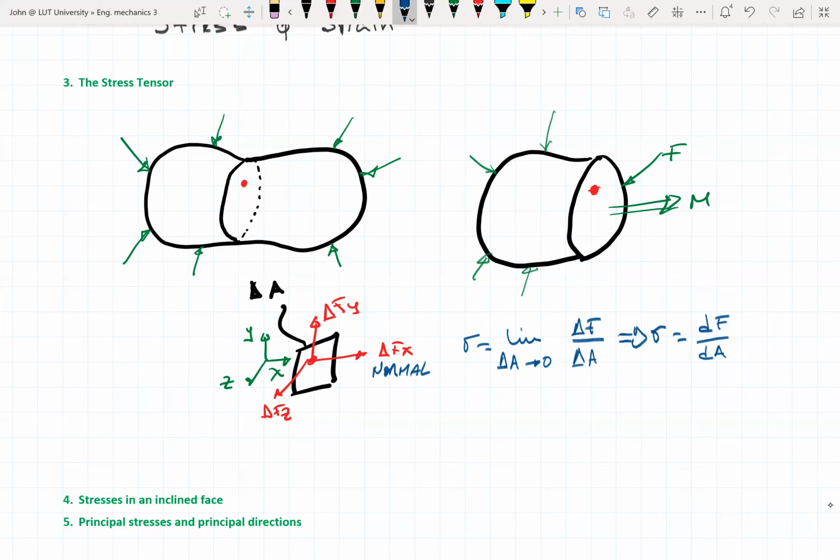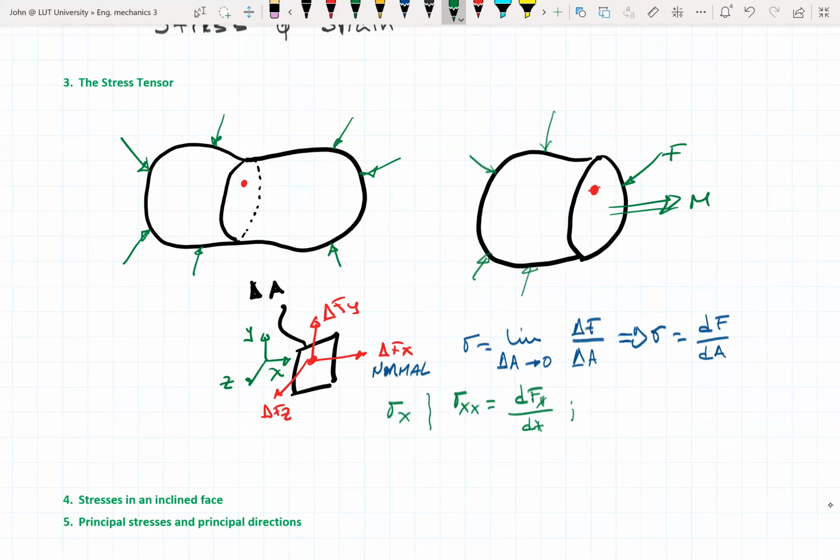We can have sigma x, x. I'm going to write it this way. You can find it also in other textbooks as sigma x, but I will try to write it all the time as sigma x, x, because I want to explain later a certain naming convention that we're using. This is going to be equal to the differential of the force x divided by the differential of area.